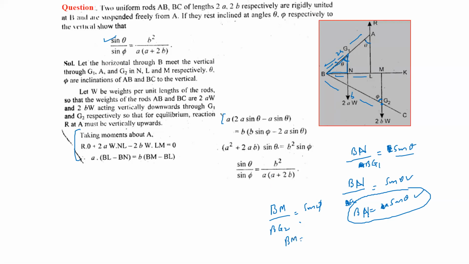BG2 is B, so BM is B sin phi. So we have two values available for sin theta: BL is 2A sin theta, which was first evaluated, BN is A sin theta, and BM is B sin phi.